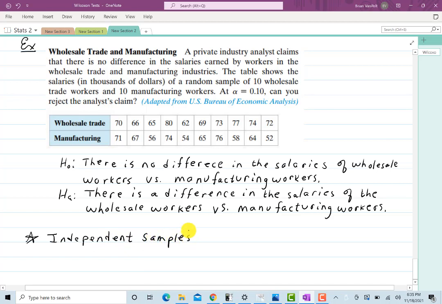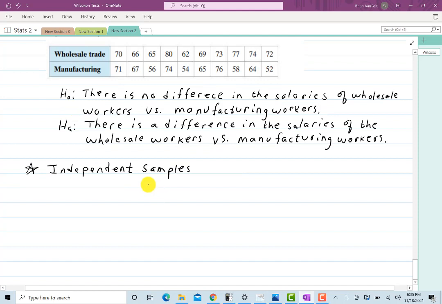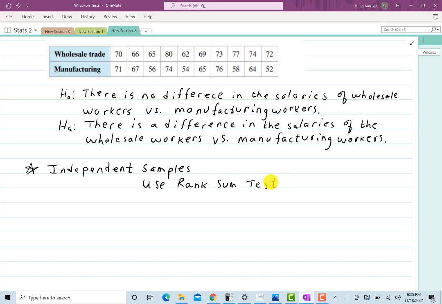With independent samples, we want to use the rank sum test. So with that, what we do is we list all of the numbers in one long column, then we organize them, and then we start doing the rankings.